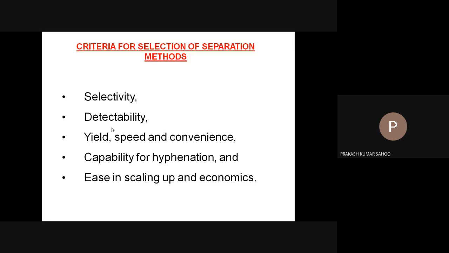In reproducibility, it is important to point out that the separation conditions should not be such that a slight variation in the condition may alter the result significantly. That means when the condition changes slightly, the result also changes vastly.